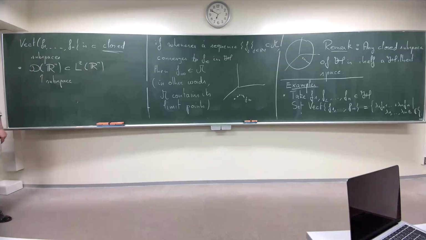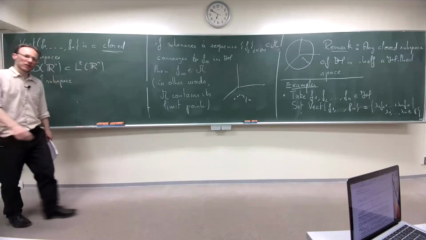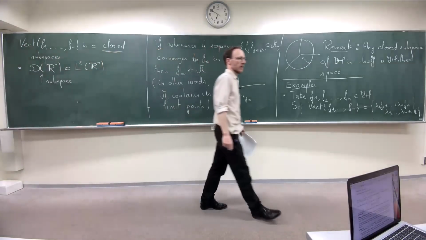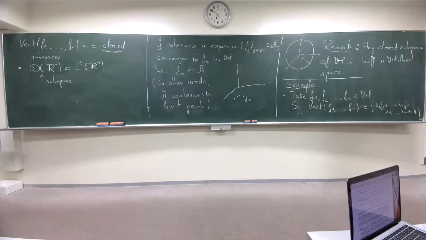If you add two functions like this, or if you multiply one function by C, it is still an element of D. Is it closed? Can you tell me if it is closed or not? Can you take a sequence in this set of test functions? If you take such a converging sequence, does it converge inside D or not? Okay. Somebody else? The answer is no. And you should know it.